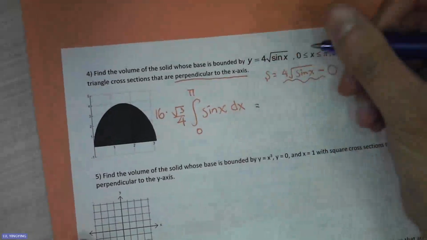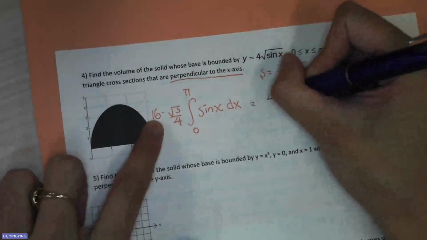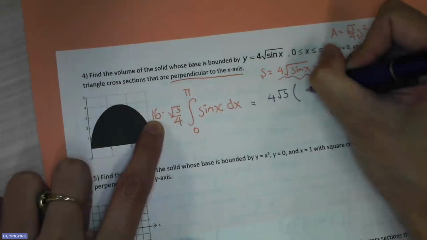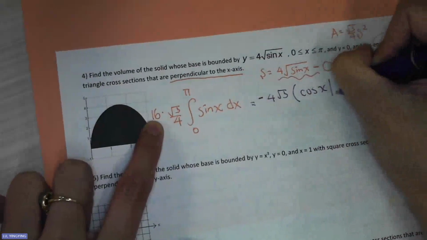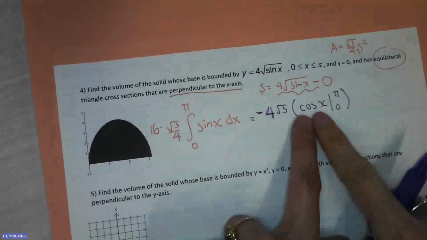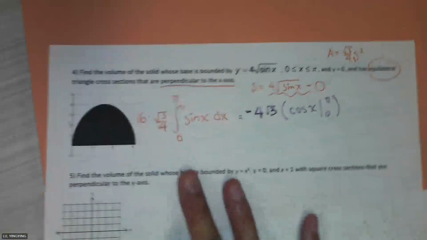Okay, what's the antiderivative of sine x? Negative cosine x, right? So this will be 4 root 3 integral negative. I'm going to put the negative out there, so it's easier. Cosine x evaluated from 0 to pi. You're allowed to put the negative out there, or you can put the negative in here. Doesn't matter. It's just easier for me to evaluate.